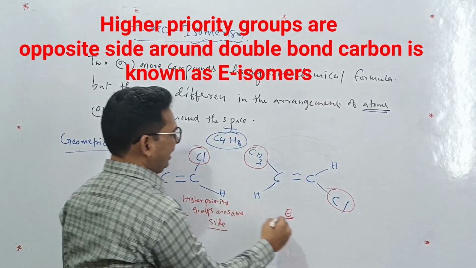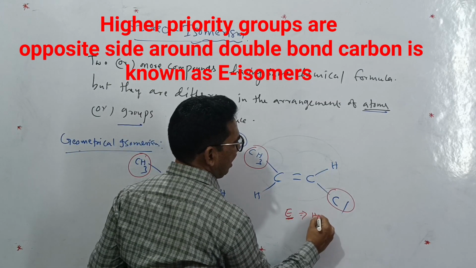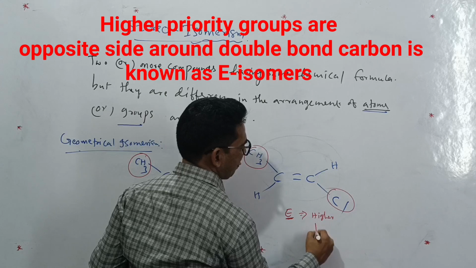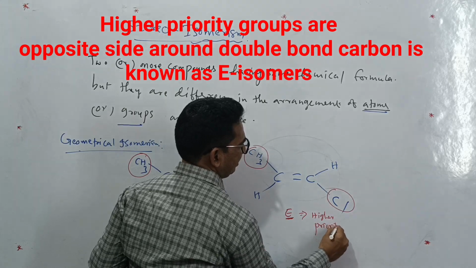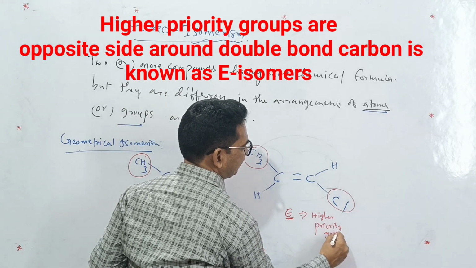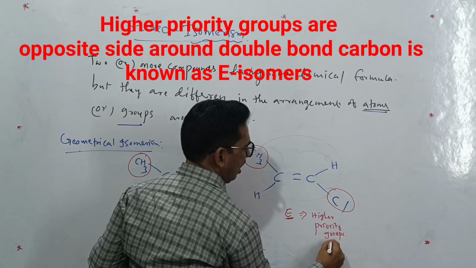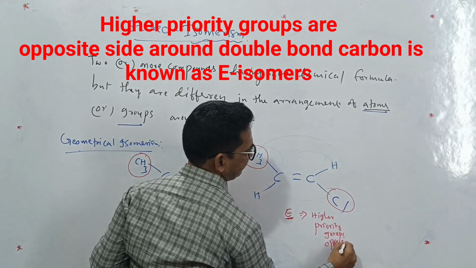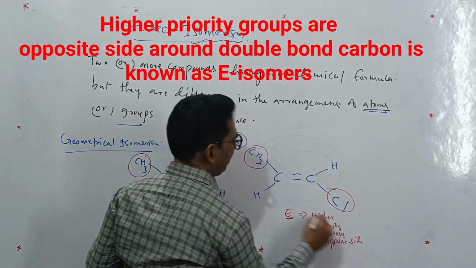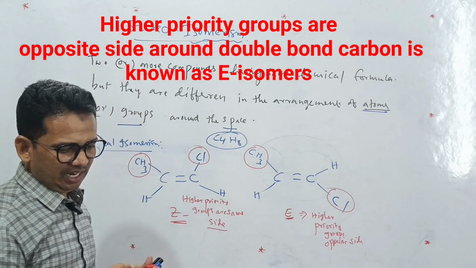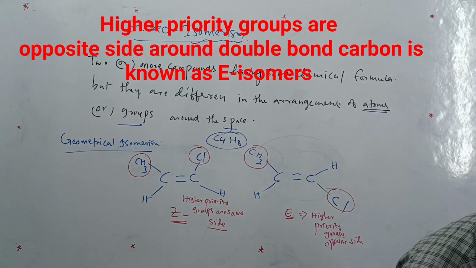In this case, higher priority groups on the opposite side. That's why it is called the Entgegen.